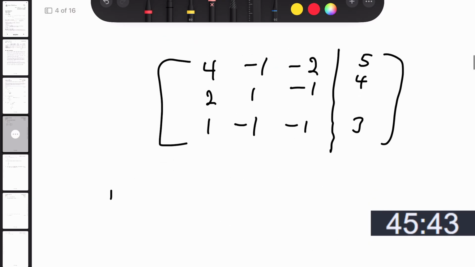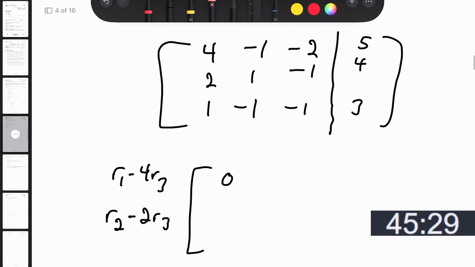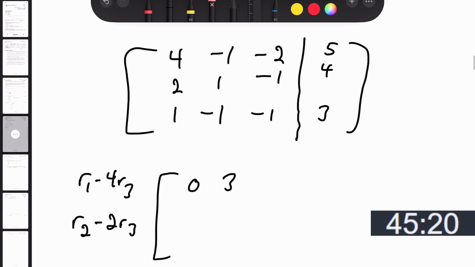So let's do row 1 minus 4 row 3, and then row 2 minus 2 of row 3. So then this is going to be 0. Negative 1 minus 4 of negative 1 is going to be negative 1 plus 4, so that's going to be 3. And then it's going to be negative 2 plus 4, so 2. 5 minus 12 is going to be negative 7.